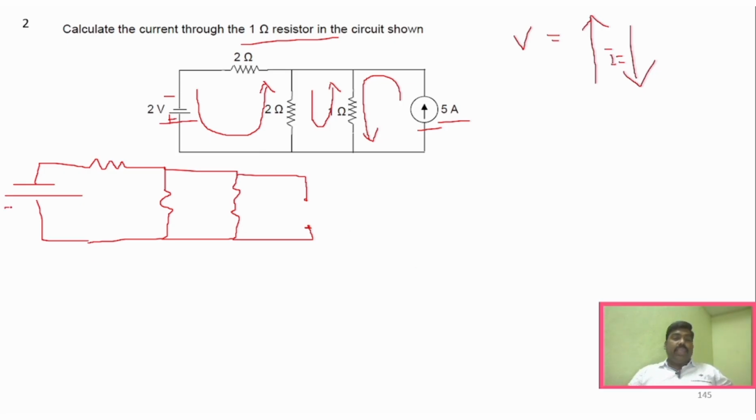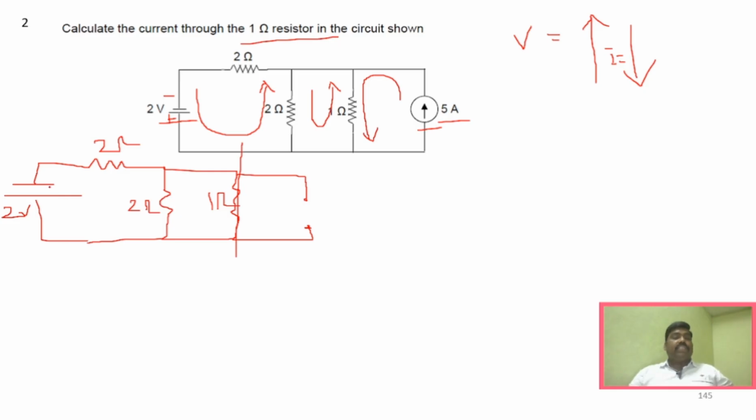So this will be 2 volt, right? And this will be 2 ohm, and this will be 2 ohm, and this will be 1 ohm. Now the very first step is, this is open circuited, so we have to consider only up to these particular resistors, right? And now what we have to do, we have to simplify it.